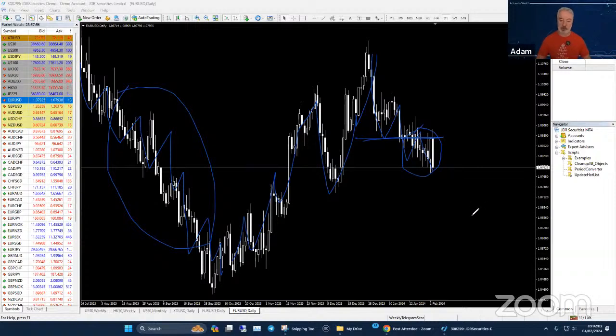The next thing that we want to do is qualify the quality of the trend, and this is a very important part of the scanning process. In other words, is it a very nice smooth trend, as I'm going to show you now, or is it a very choppy trend?